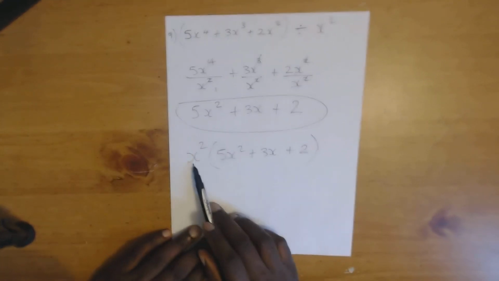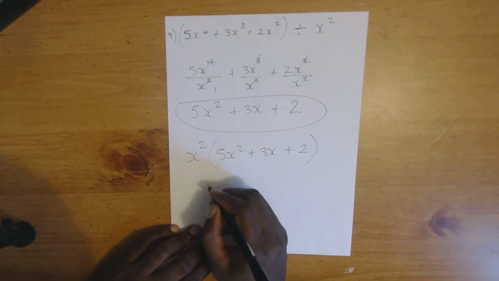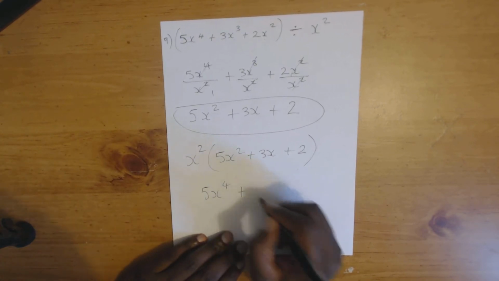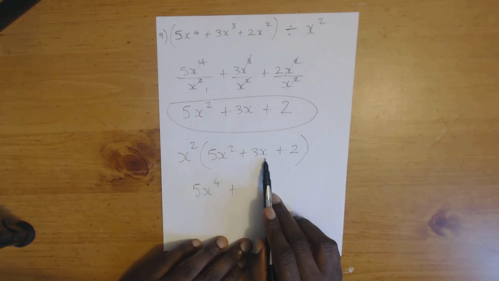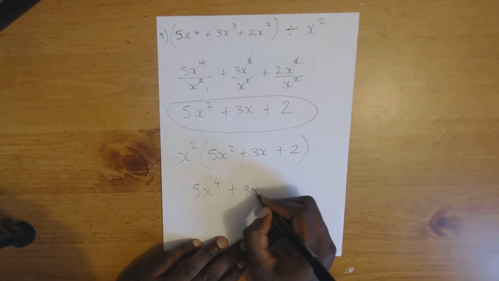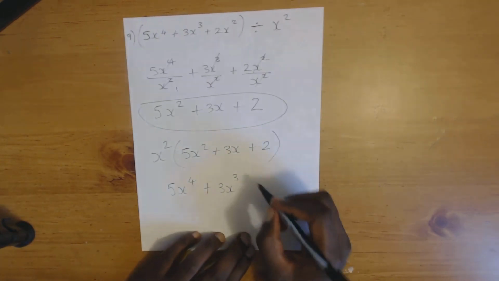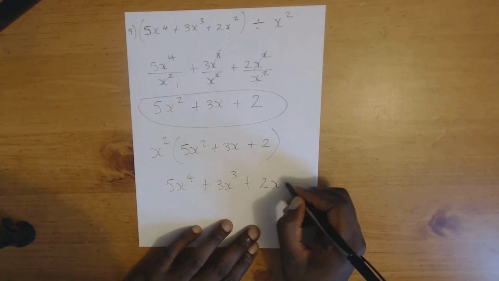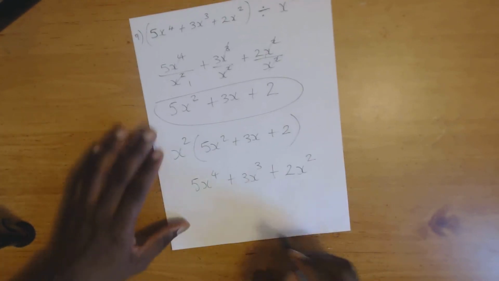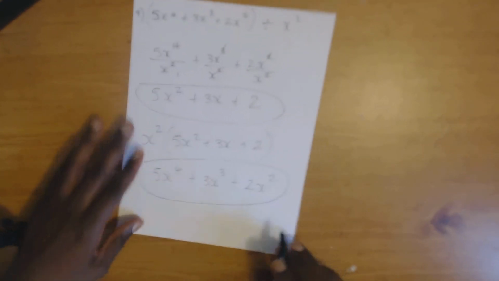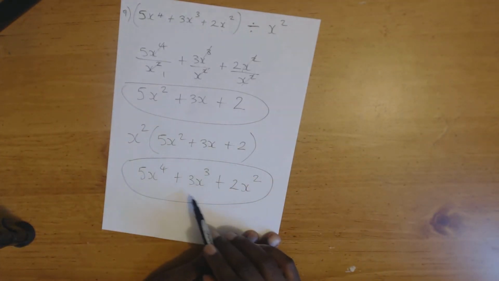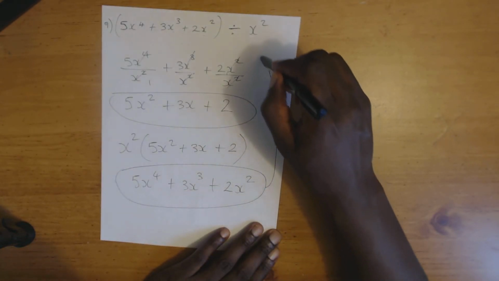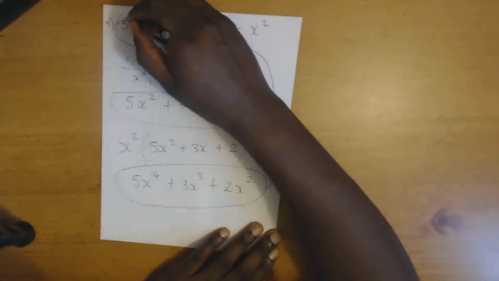Now x squared times 5x squared should give us 5x to the fourth, right? Plus x squared times 3x, that's 3x cubed, right? Plus x squared times 2 should give us 2x squared. And if you look at this, 5x to the fourth plus 3x cubed plus 2x squared is the same as this.